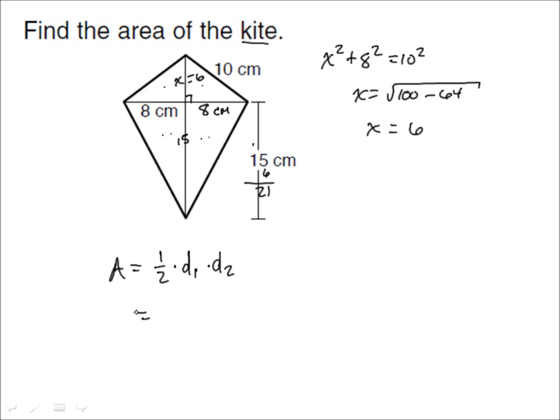So the area is going to equal 1/2 times 16 times 21. And when I look at half the product of 16 and 21, I get what I believe is 168. And again, these are centimeters squared.